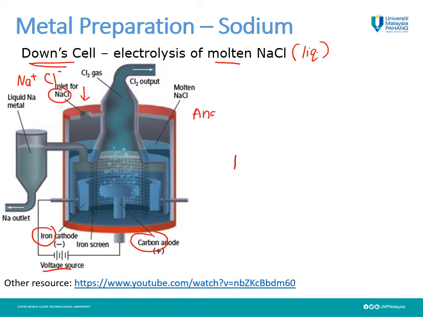At the anode, we will have the reaction of Cl minus becoming chlorine gas and production of 1 electron. In this case, an oxidation reaction took place. The equation is not complete, so here we have 2 electrons and 2 moles of chloride ion.